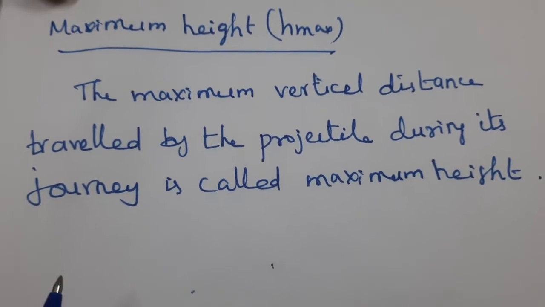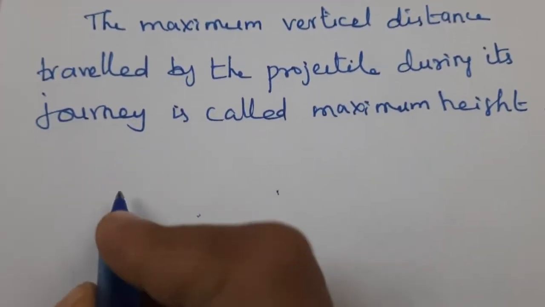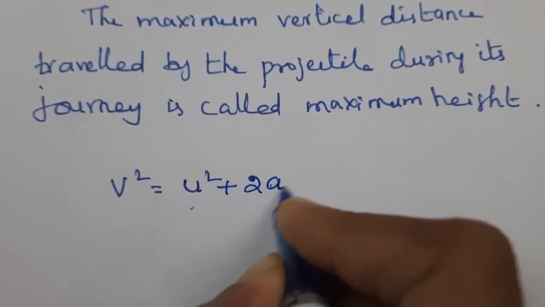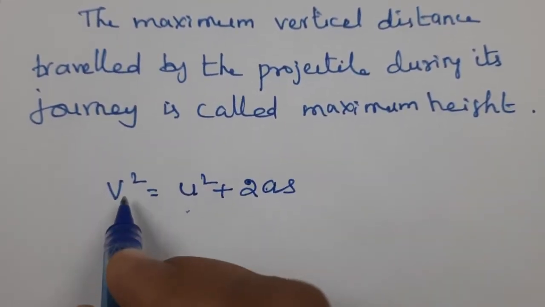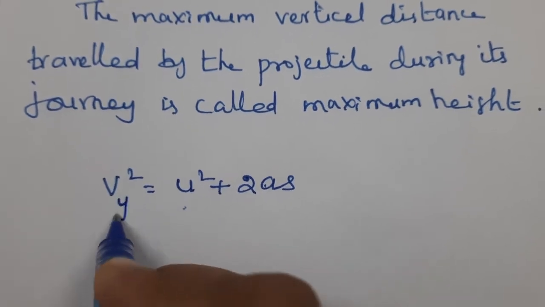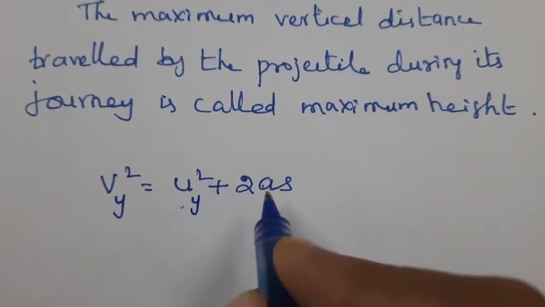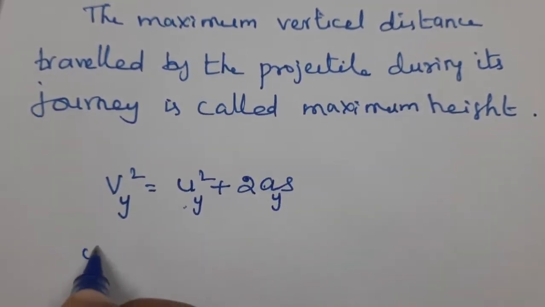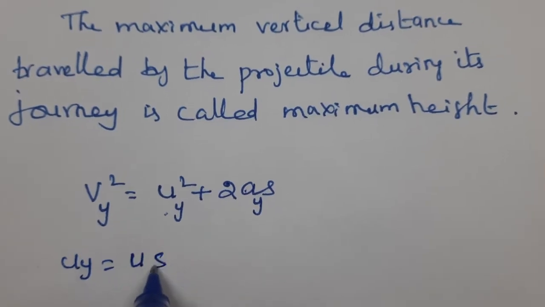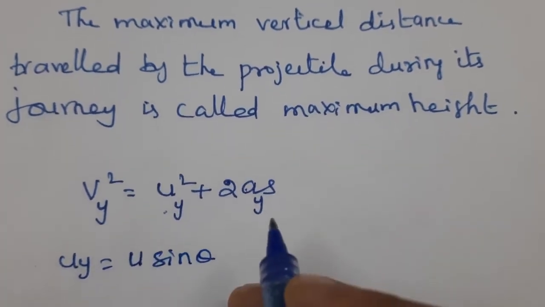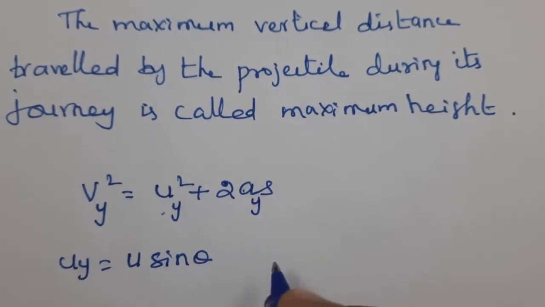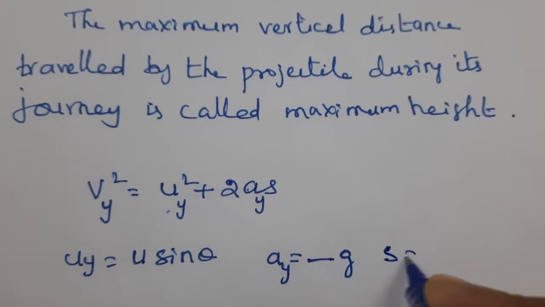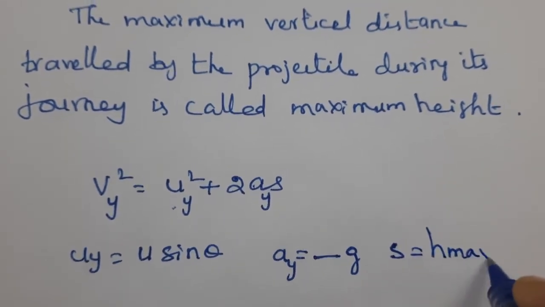To determine this maximum height, we can use the kinematic formula v square equal to u square plus 2as. For the vertical distance, we can use vy square equal to uy square plus 2ay into s. Here we know that uy equal to u sin theta, the vertical component of velocity, ay is equal to minus g, and s is nothing but the maximum height.